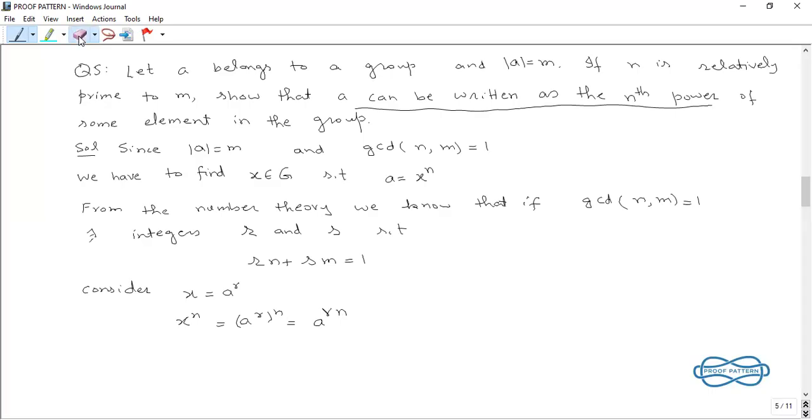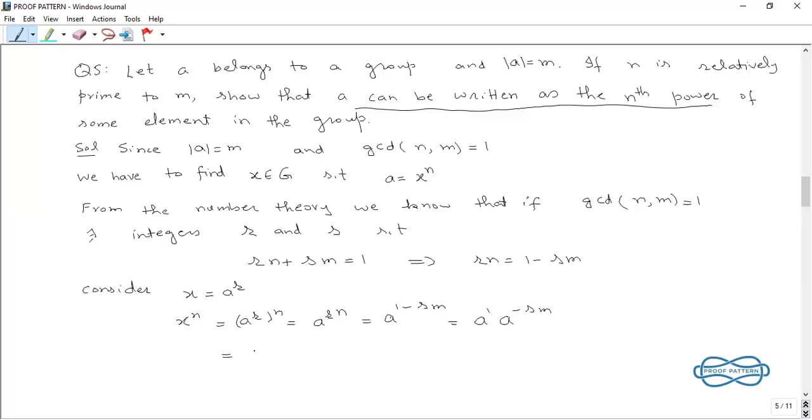Okay, instead of this r, I should write r to make the notations consistent. This r, this r, and this r. And from this equation, we know that rn is 1 minus sm. So this rn can be written as a to the power 1 minus sm, and that can be written as a to the power 1, a to the power minus sm.